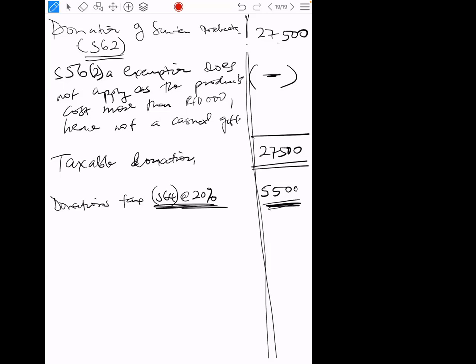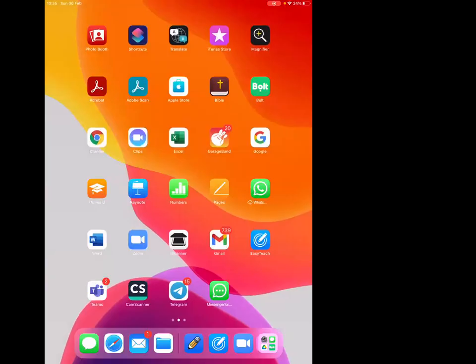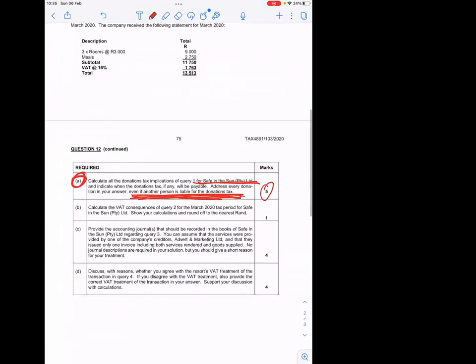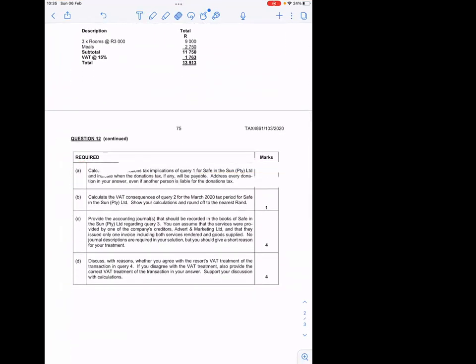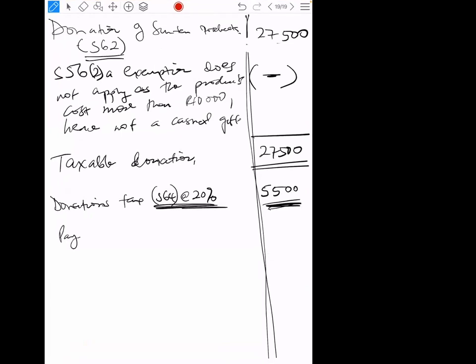But now you need to provide, at this stage, good people, we give competent answers. Competent responses. Your response must be complete. Did they simply say calculate the donation tax and end there? No. You are required also to indicate when the donation tax, if any, will be payable. Payment date.